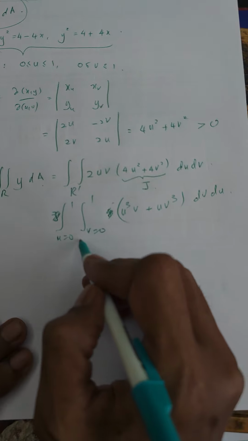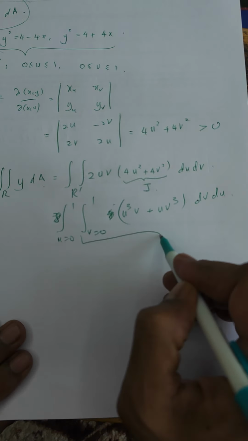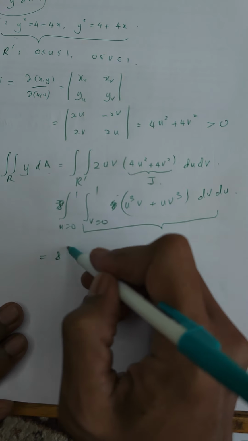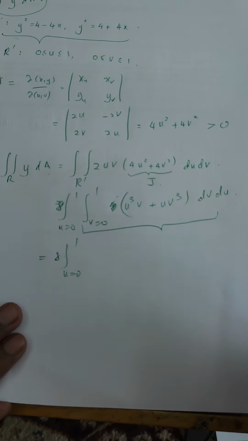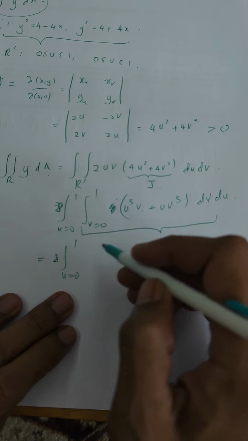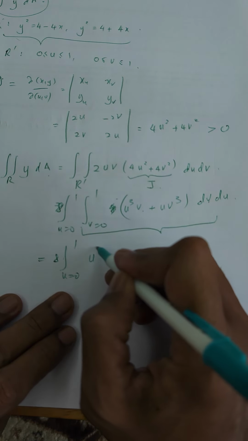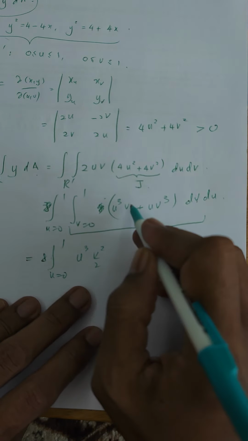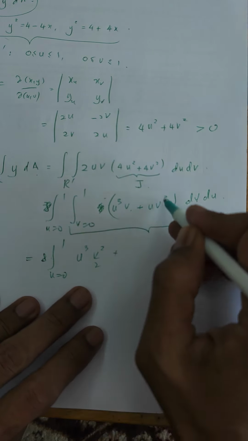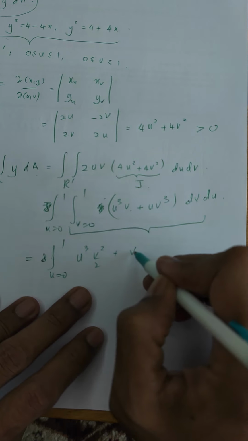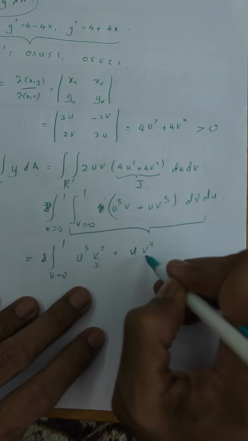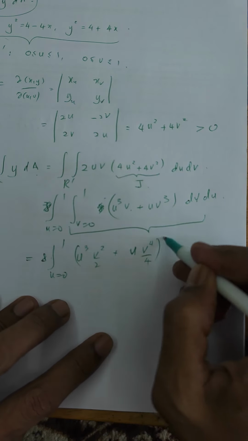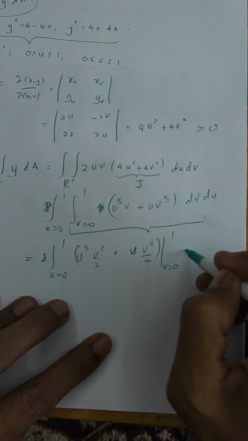Again, you can integrate this iteratively. So we have 8 over there, u from 0 to 1. We integrate with respect to v, so we have u cubed v squared over 2 plus u v to the 4 over 4, with v from 0 to 1, du.